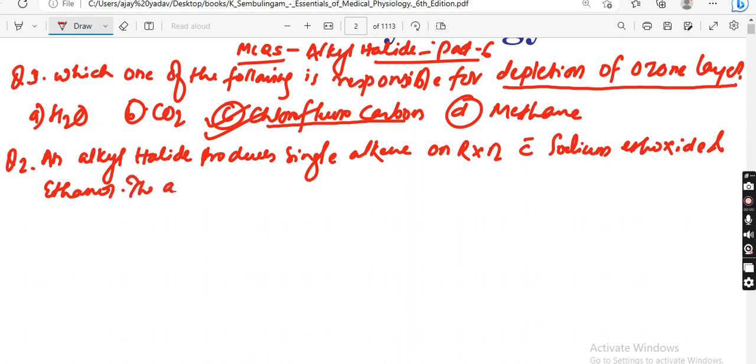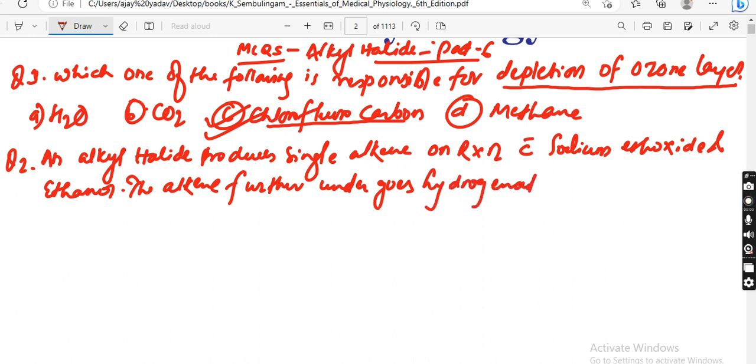The alkene further undergoes hydrogenation to yield 2-methyl butane.